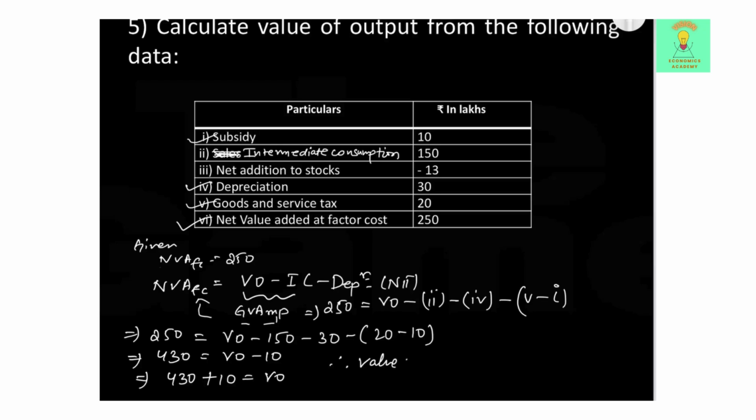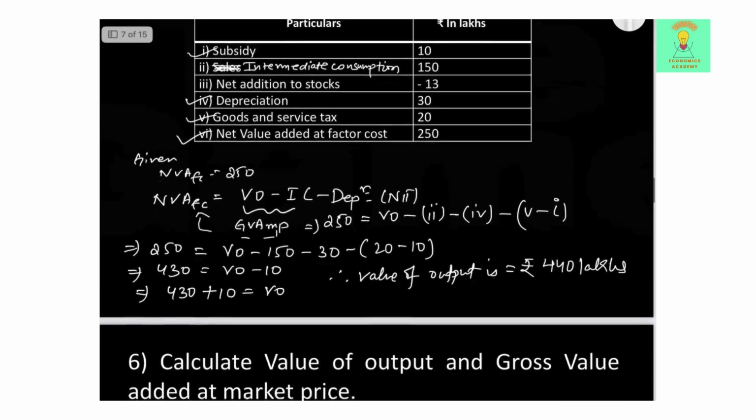Therefore value of output is rupees 440 lakhs only. Okay, so please take the screenshot of it and we'll move to the next question right away. That is question number 6.